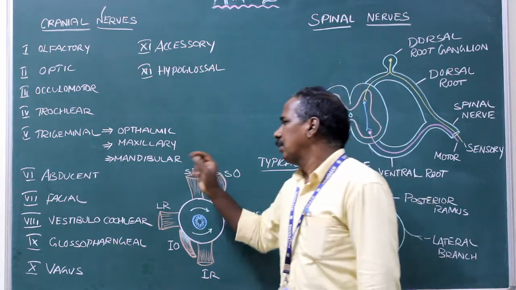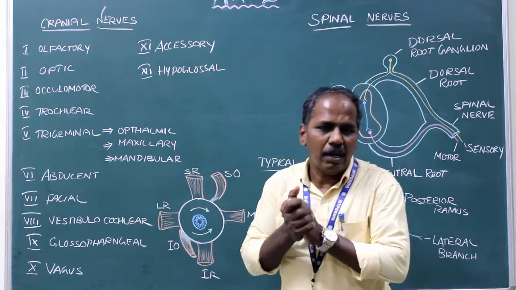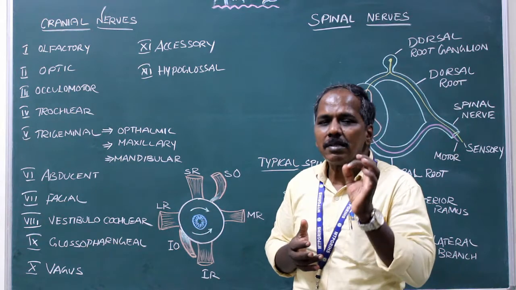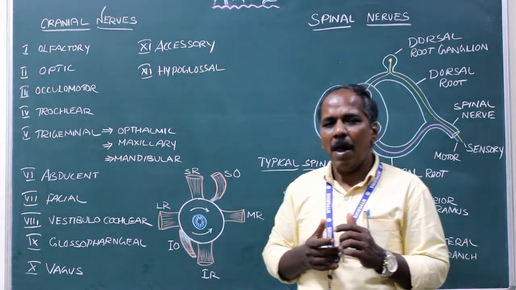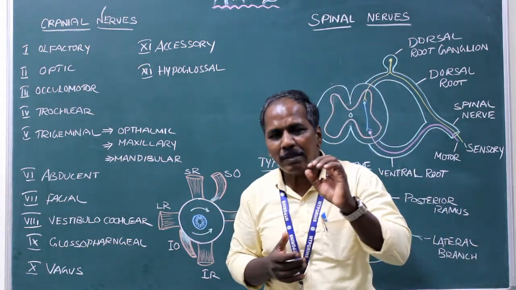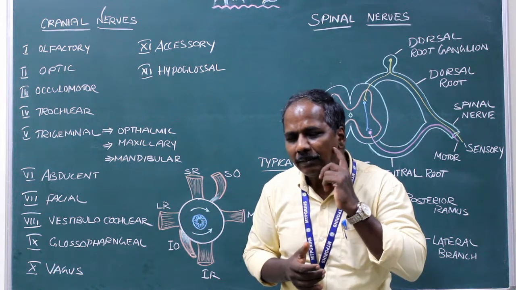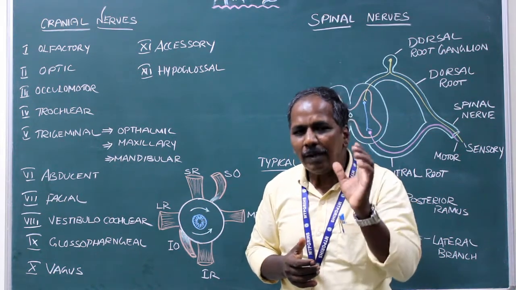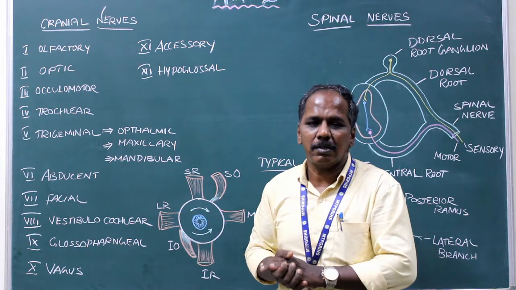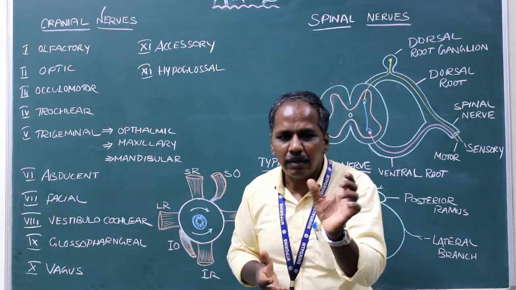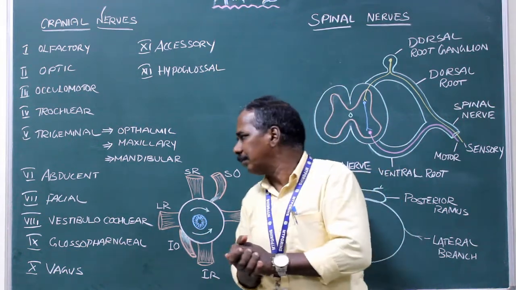Motor: it supplies muscles of mastication, which include masseter, temporalis, and medial and lateral pterygoid muscles, which are responsible for side-to-side movement of the mandible.